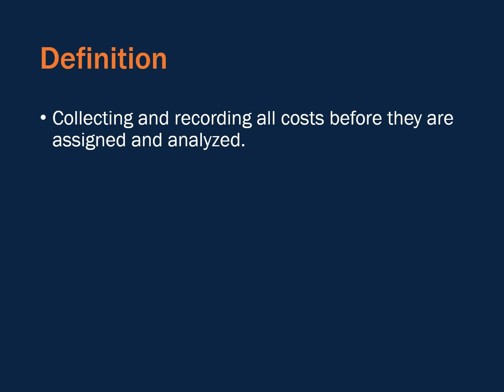So you realize that cost accumulation involves four main things. First, collect, then record, allocate the cost, and analyze the cost for decision making.